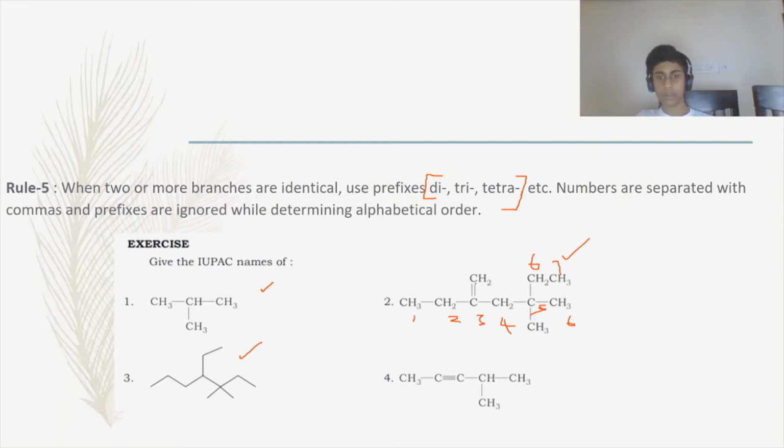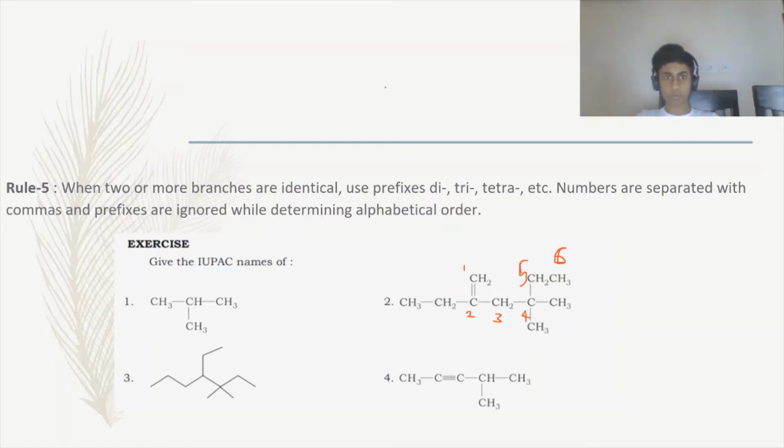But now we have to notice one thing here, a double bond. So this would get the first priority, and then we have the longest chain rule. So based on that, it would just be 6.